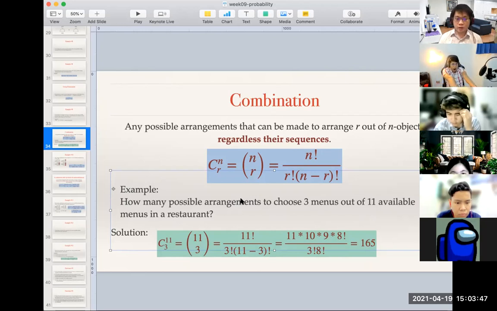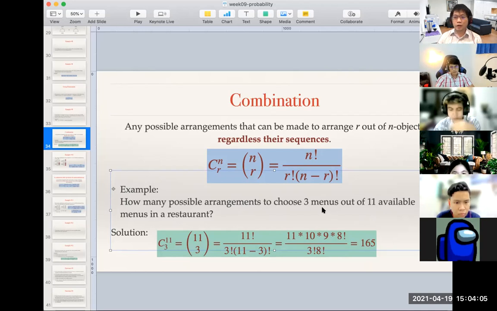Here is the deal. If you choose a menu at the restaurant, will the sequence matter? Like the dish that you choose, will the sequence matter?